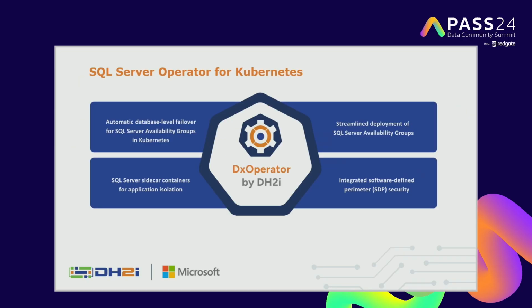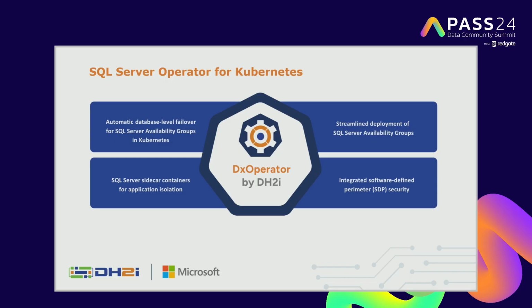And then, of course, when we talk about Kube and operators, H2I introduced the DX operator. It is an operator that is designed specifically to handle SQL Server AG inside Kubernetes, once again to streamline the whole process. If you guys are doing the AG today, you know that you have to start with your primary, right?